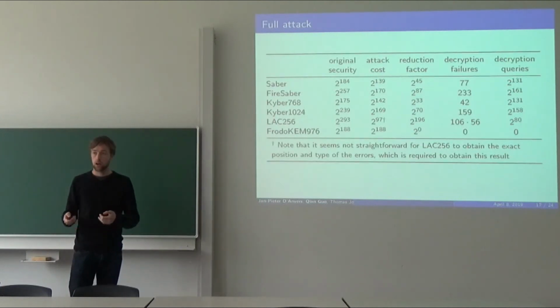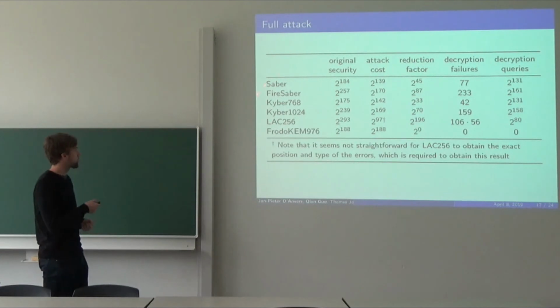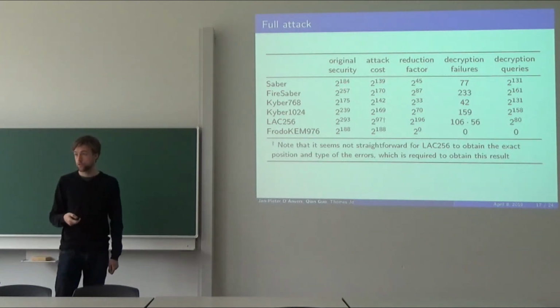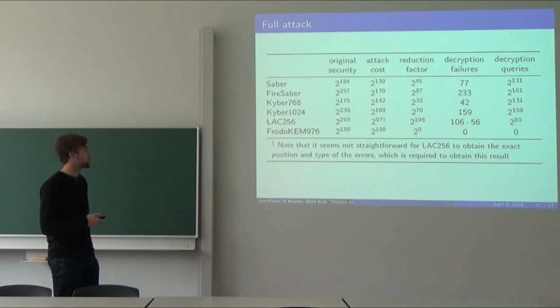So, what is now the implication on the schemes with our attack? You see various submissions to the NIST post-quantum standardization process. You see their original security, and you see the security under our attack. And you see that the security goes down quite a lot using our attack with these decryption failures.